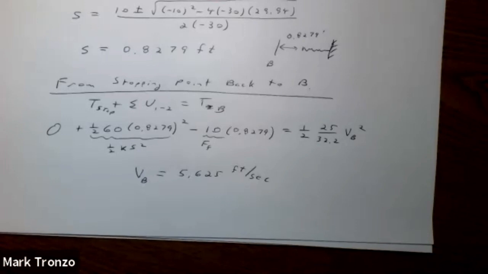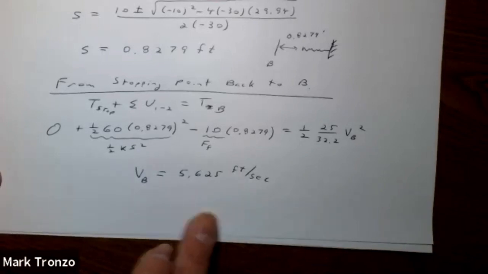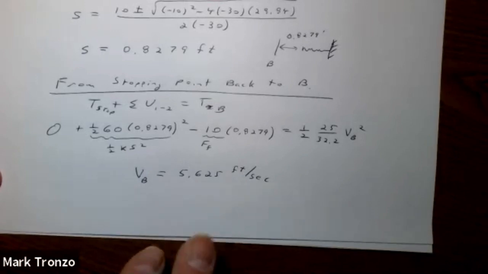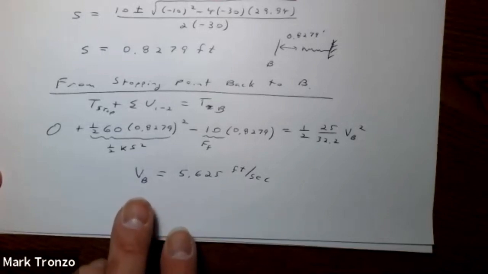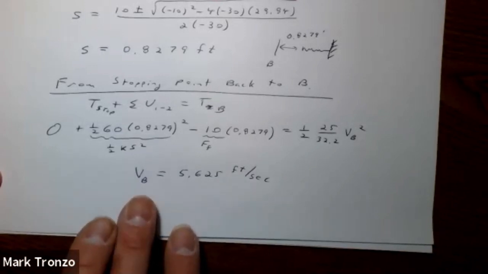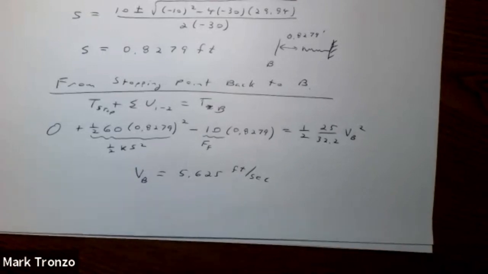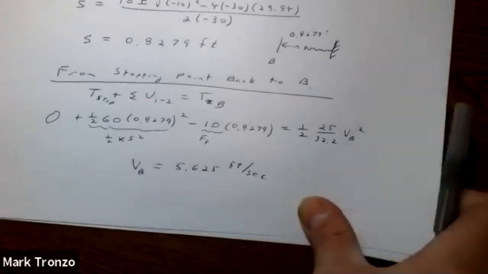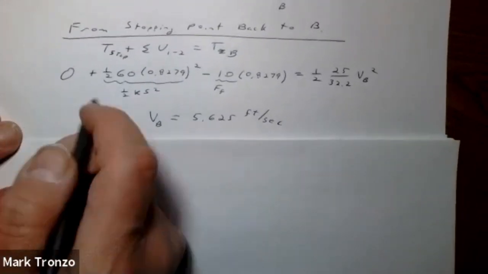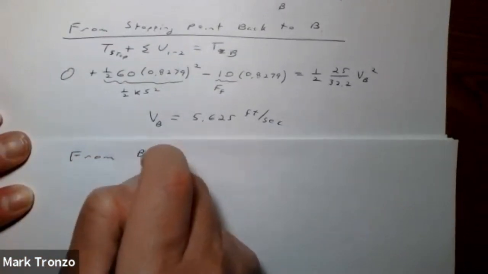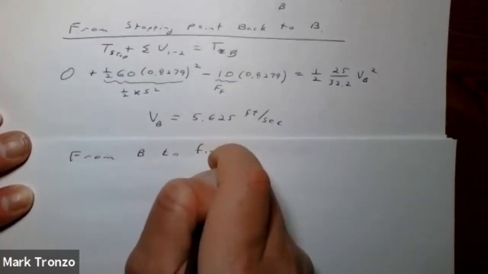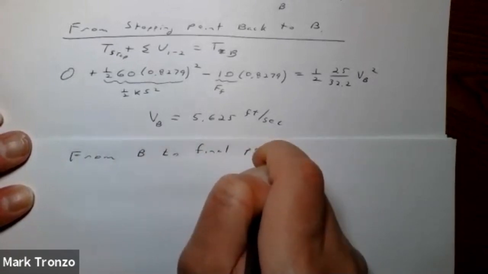Now, of course, the reason it's different is because of the friction, because the friction slowed it down. Otherwise, if there was no friction, it would be the same velocity at point B when it ended as it was when it originally hit point B. So now finally, we're back at point B, so now from point B to the final position.